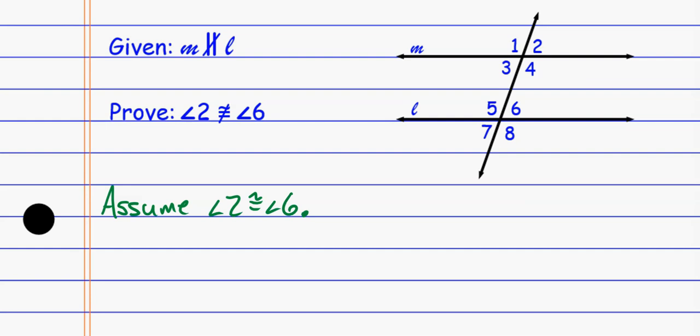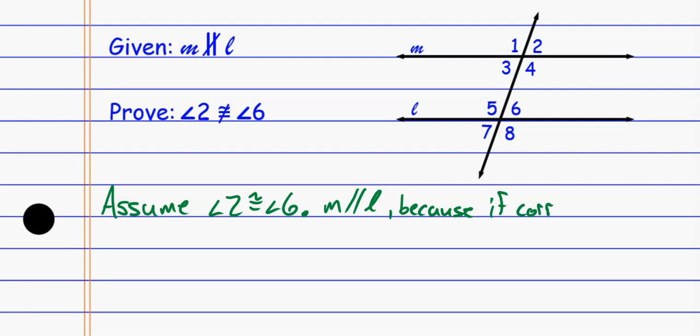Based on the fact that I'm saying angle 2 is congruent to angle 6, what do I know about these things? Right away, I know that the lines must be parallel. So I can immediately say that M is parallel to L, because look at what I have. I have corresponding angles that are congruent.